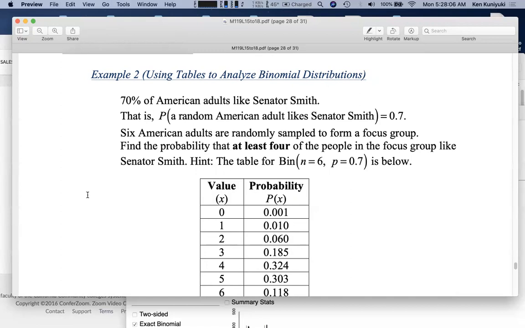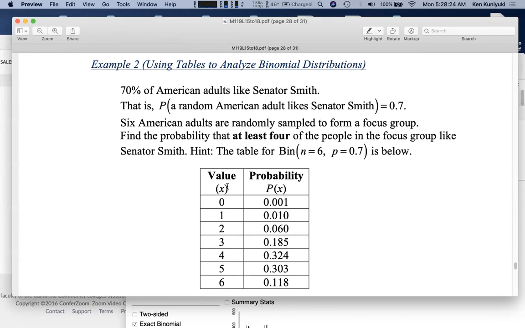Now let's say that 6 American adults are randomly sampled to form a focus group, and we want to ask them questions about their opinions of Senator Smith. Find the probability that at least 4 of the people in this focus group of 6 like Senator Smith. Big hint, we have this table here. On an exam, it's fair game for you to be required to know that the distribution we're talking about is this distribution.